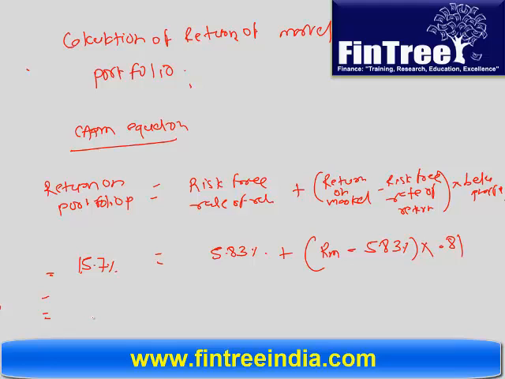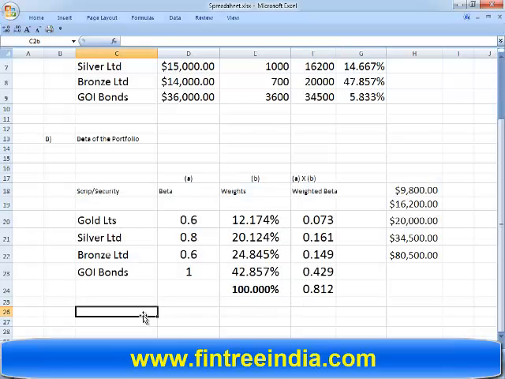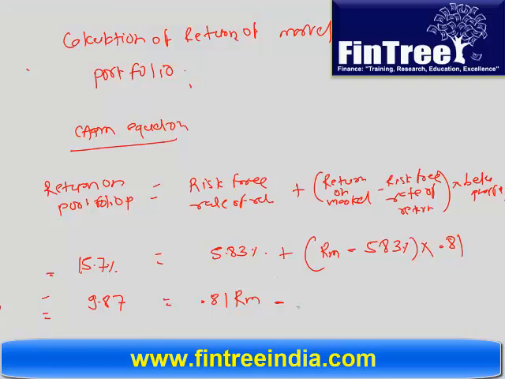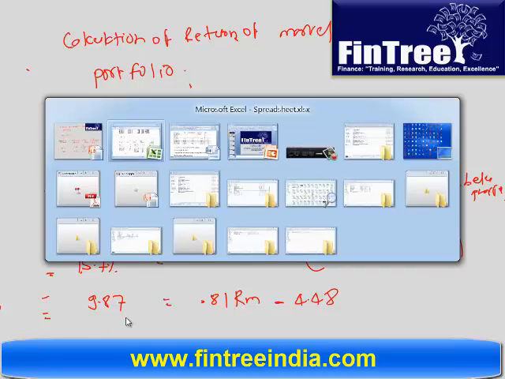So 9.87 is equal to 0.81 RM minus 5.83 into 0.81, 4.48, so is equal to 9.87.